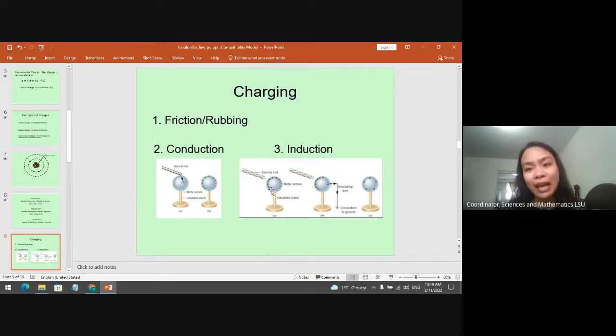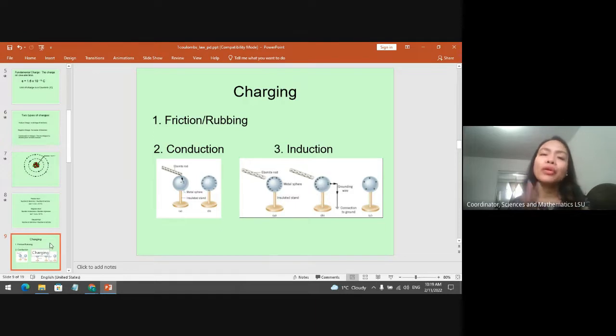So that's the time when you put the negatively charged object near the metal sphere, it will polarize. Then the negative charge will be grounded, through a grounding wire that is connected to the ground. So the negative will go to the ground and the metal sphere will become positively charged. So that is charging by induction.